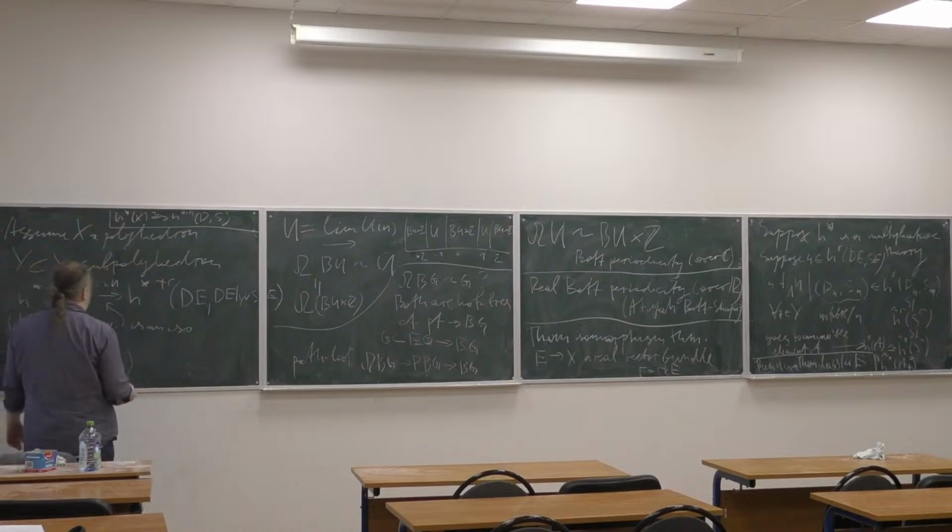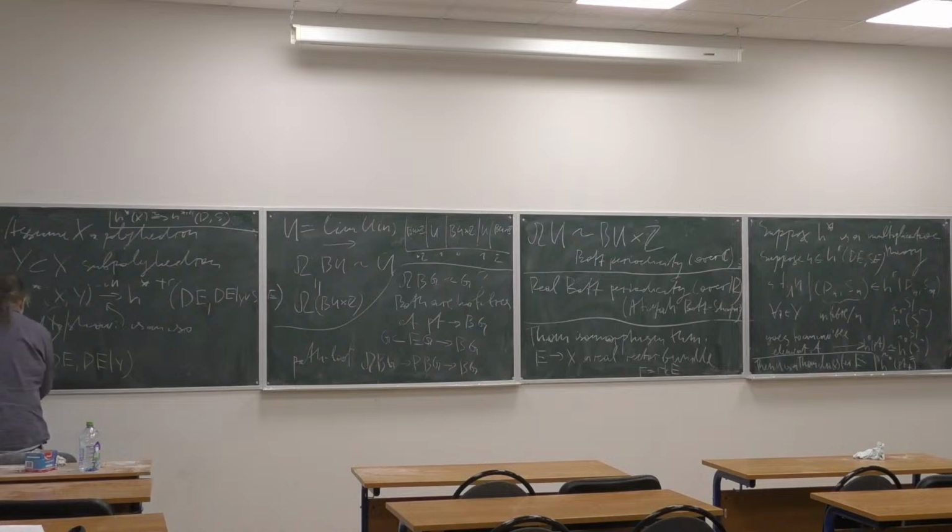Okay, so the Thom class U is in H^R of (dE, SE). What happens if we multiply two relative cohomology classes?